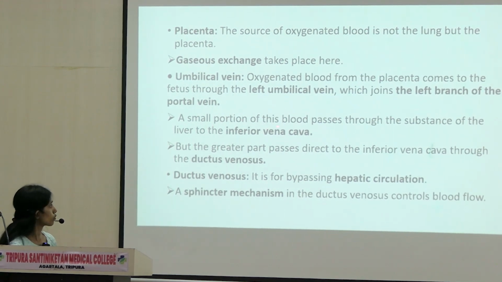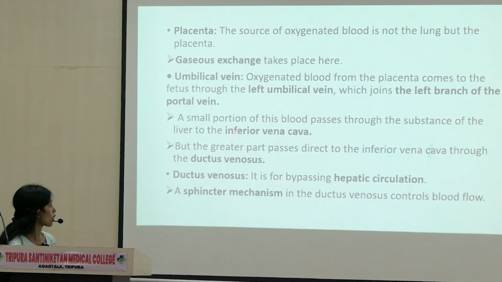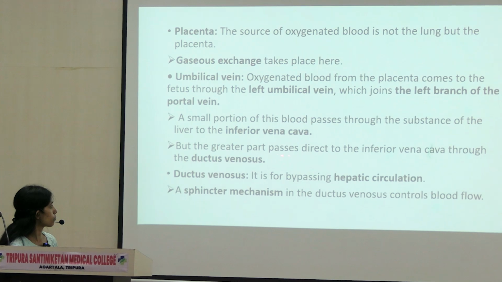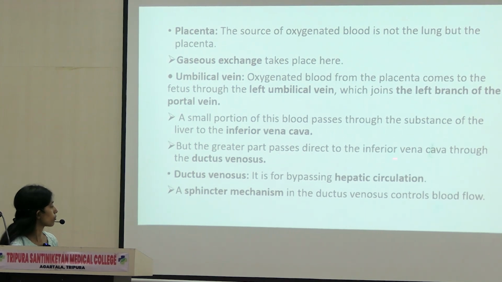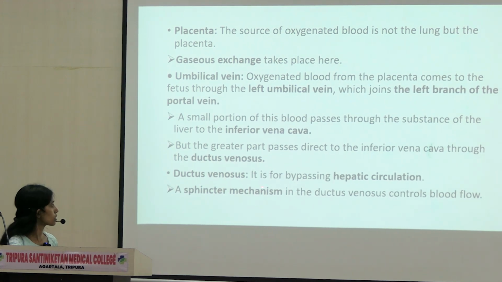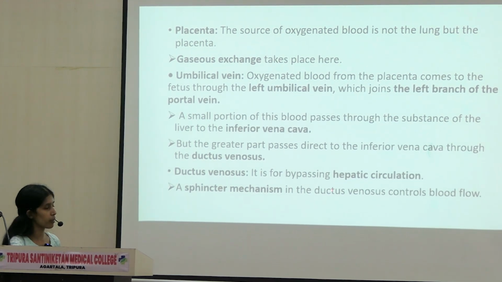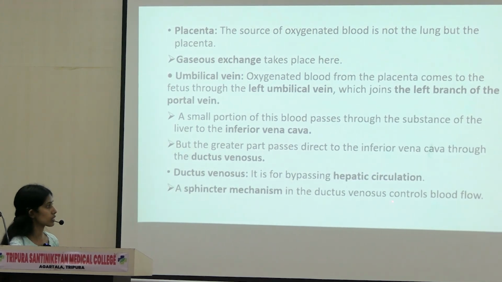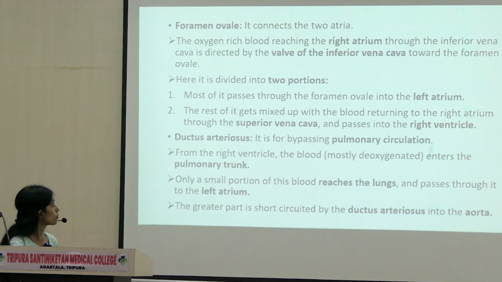A small amount of this blood passes through the substance of the liver to the inferior vena cava, but the greater part passes direct to the inferior vena cava through the ductus venosus. Ductus venosus is for bypassing the hepatic circulation.